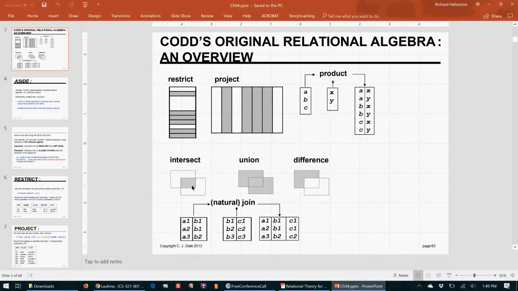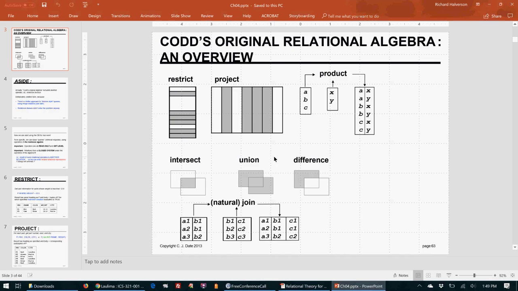And so today, I guess we're going to talk about intersection, union, and difference. This is a good way of illustrating that, where you take 2 tables and you take the tuples that are common in both tables, and that's the intersection.